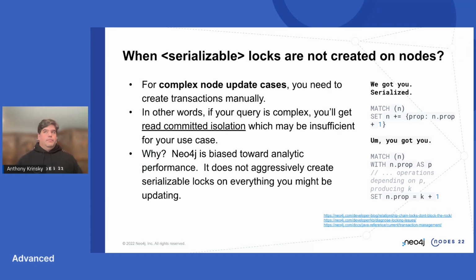Now, what are the exceptions? In the case we can't figure out whether to create an exclusive lock on a node, what do we do? We'll fall back to read committed isolation. If you look at the example here where you're incrementing a property on a node, Neo4j is going to be able to figure out the simple case. But, and this is arbitrary, if things get complicated, we will bail, and that won't always give you what you want in terms of isolation.